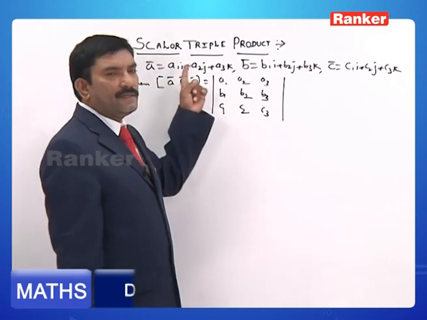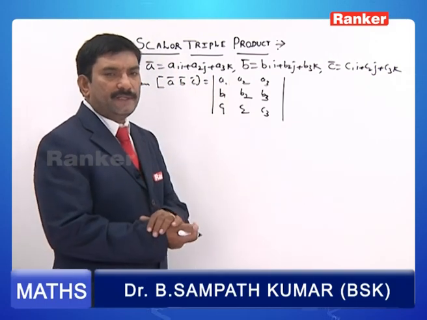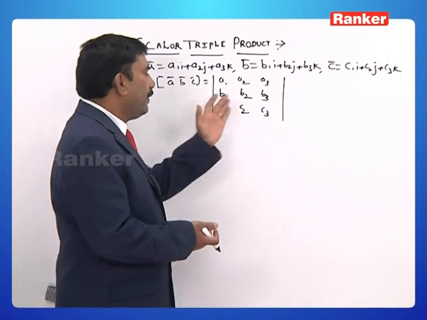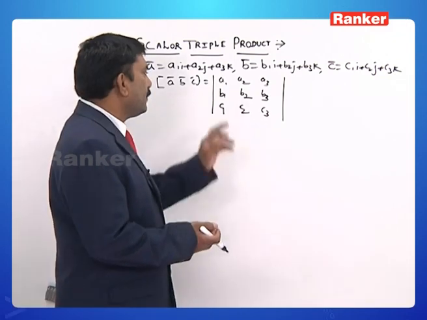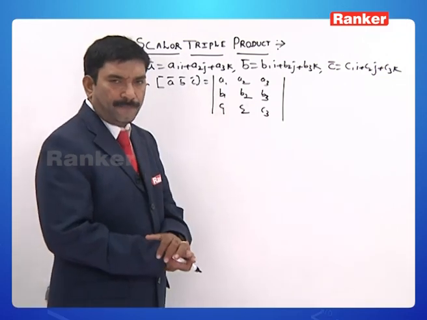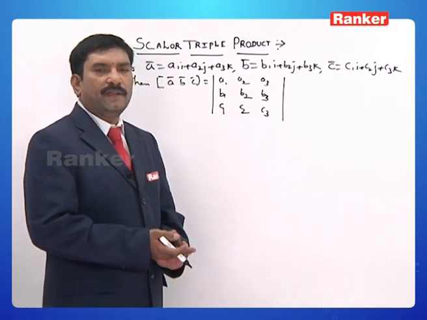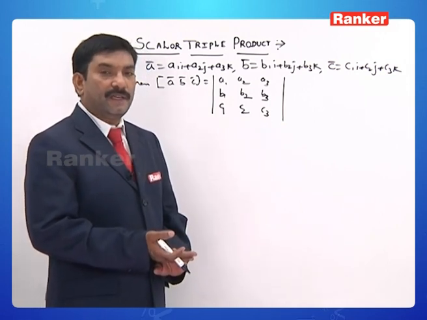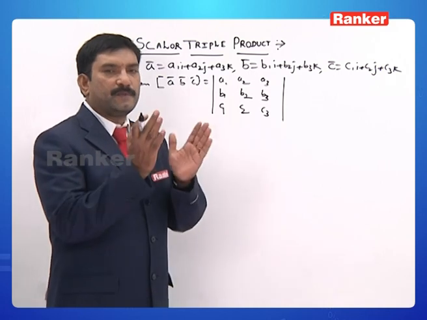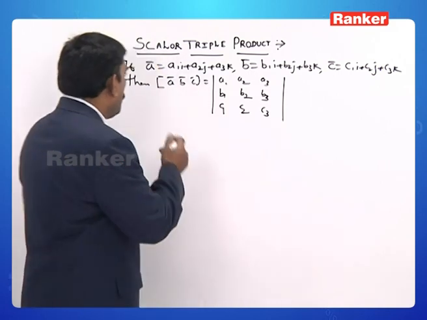Now, when the vectors are expressed in terms of i, j, k, you can write box of ABC as the determinant that contains the coefficients of i, j, k. If the vectors are given other than i, j, k, then you have to express it in a different way. What is that?